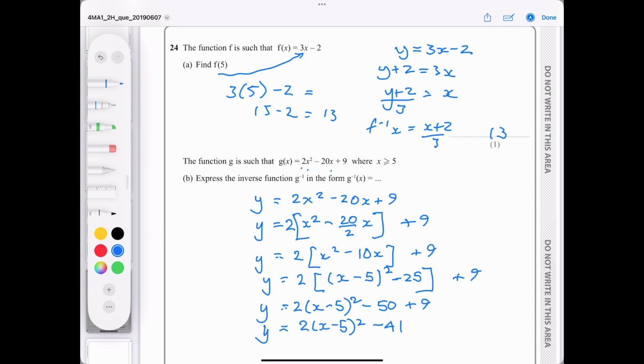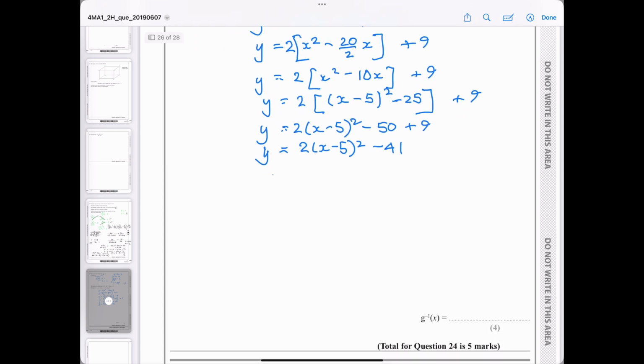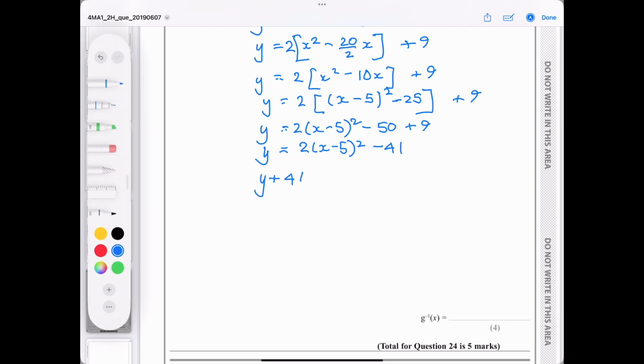Now, that's not the end. It does seem to be going on a little while, doesn't it? What we need to do now is rearrange it to make x, as we did at the top, our main thing. So what we're going to do is go y plus 41 equals 2(x minus 5) squared.